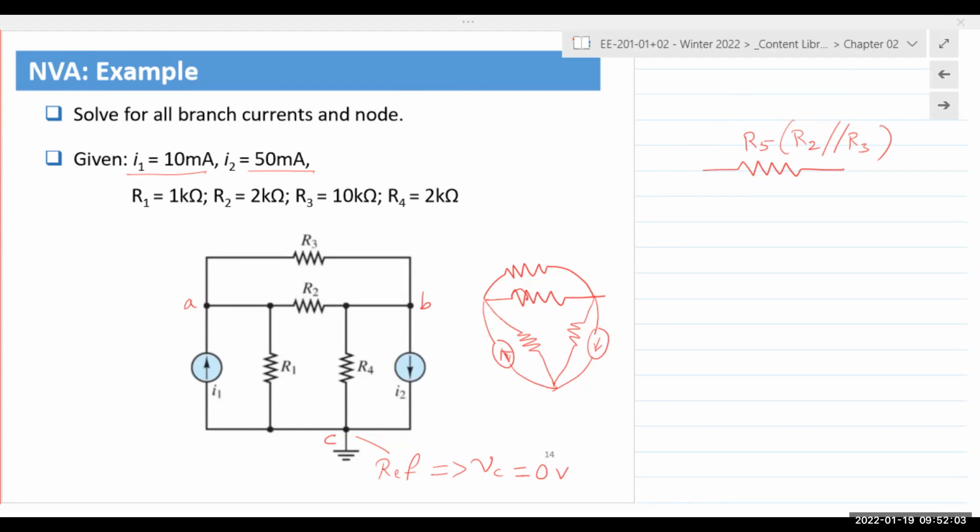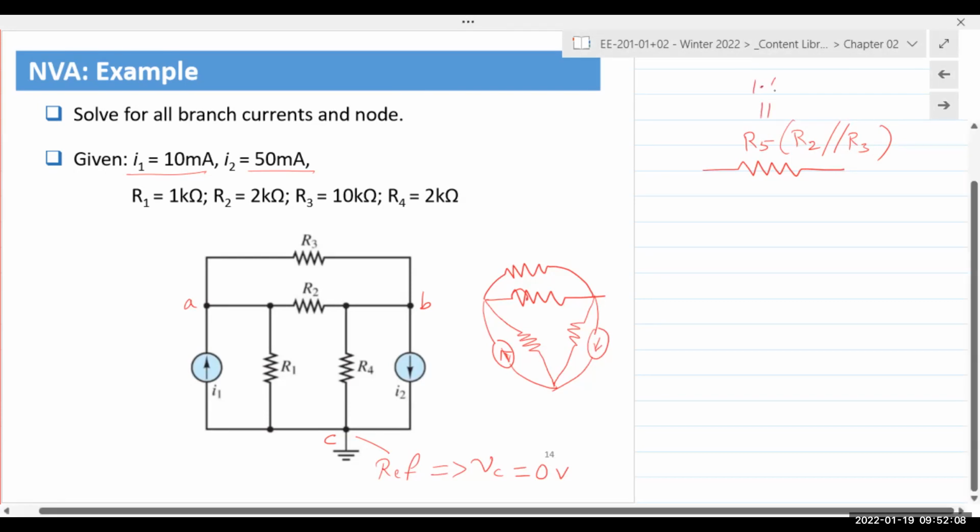So 1.667 kilo ohms. Then I have current source I1.